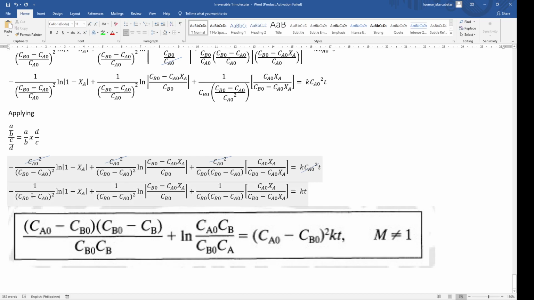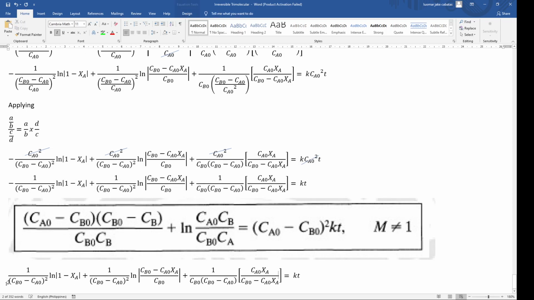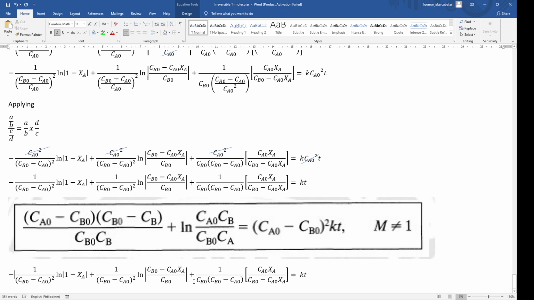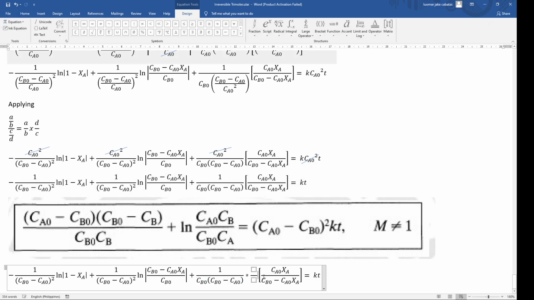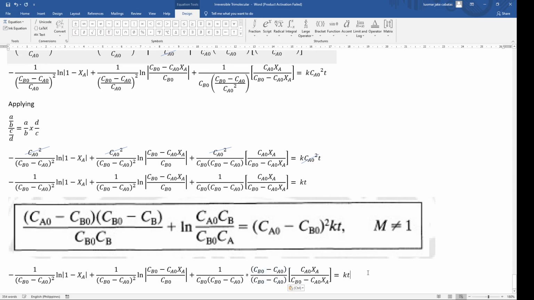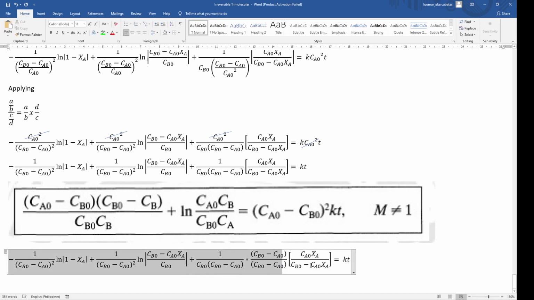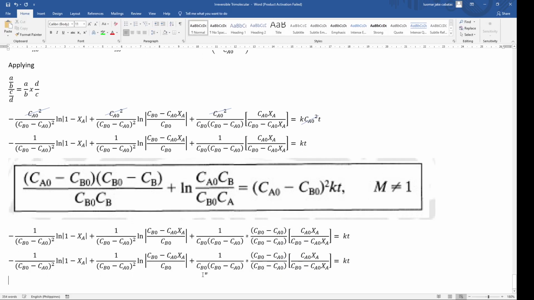Since each term has this (C_BO minus C_AO) squared, but for this one it's just 1, what we could do is multiply that term with that one, para mahimo siyang similar to the other terms.